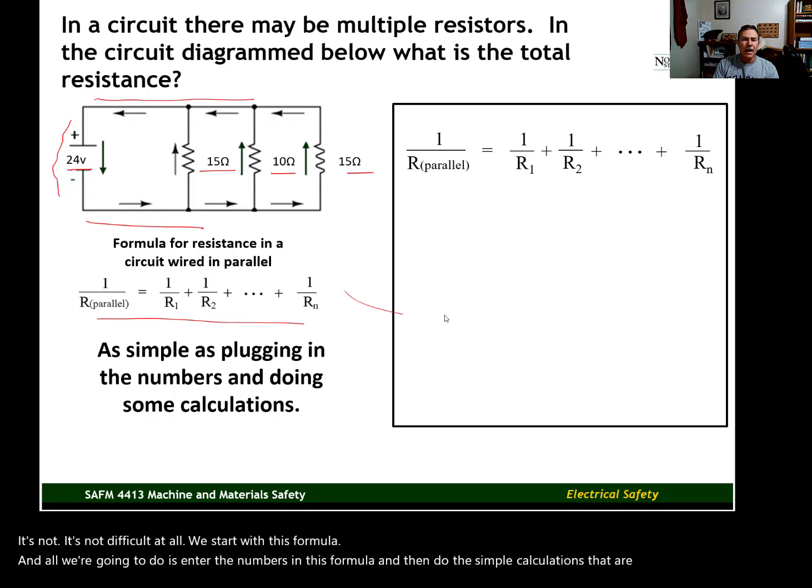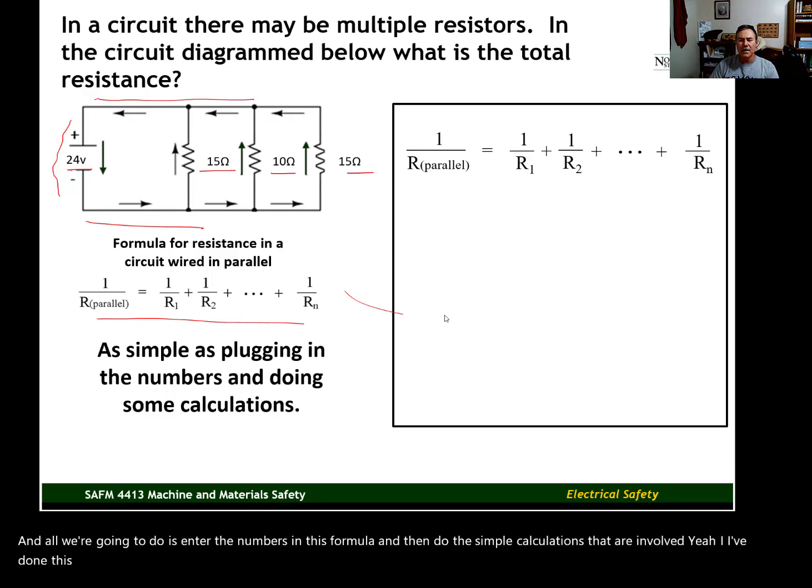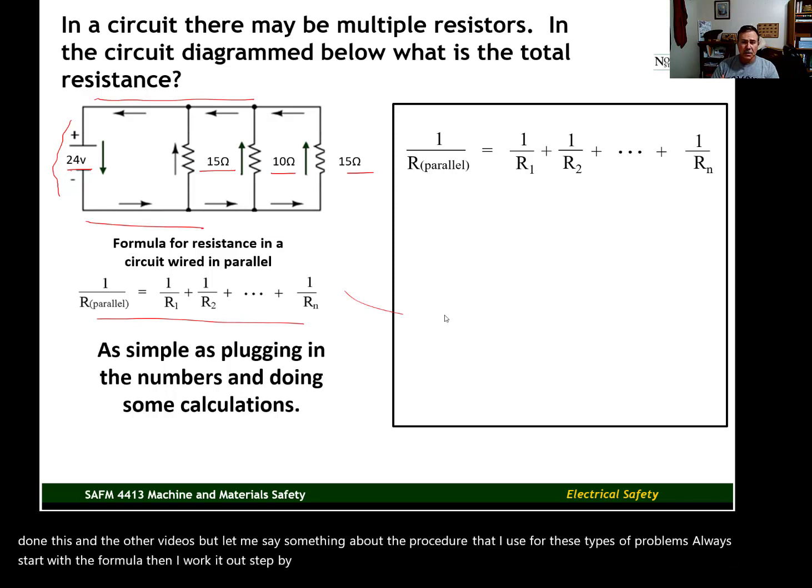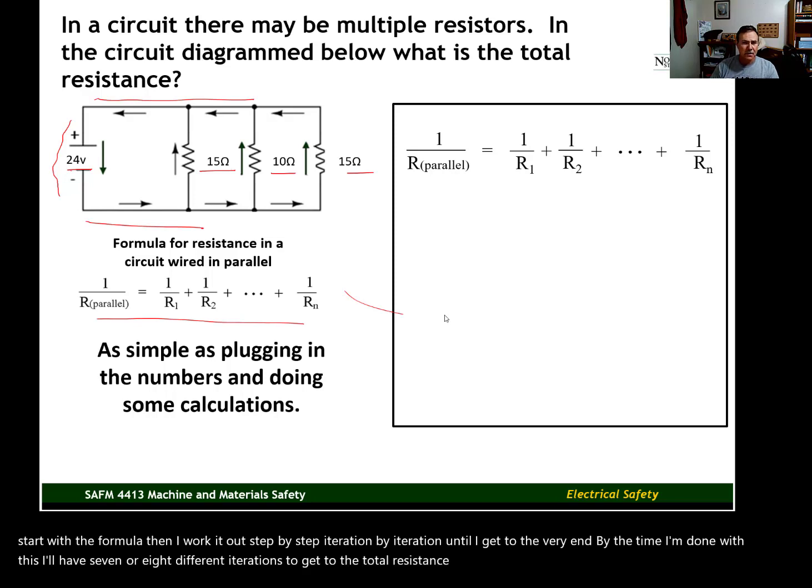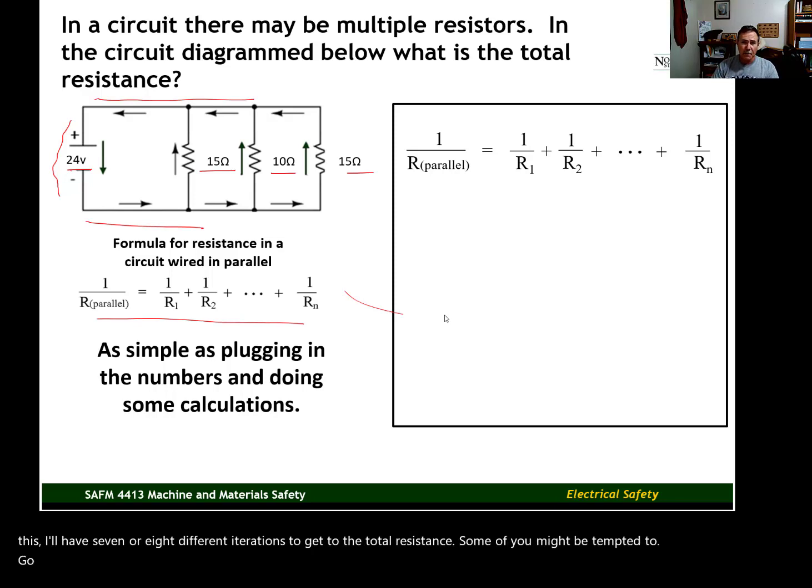Again, I've done this in the other videos, but let me say something about the procedure that I use for these types of problems. I always start with the formula, then I work it out step by step, iteration by iteration, until I get to the very end. By the time I'm done with this, I'll have 7 or 8 different iterations to get to the total resistance. Some of you might be tempted to go from step 1 to step 8 and skip all the middle steps.